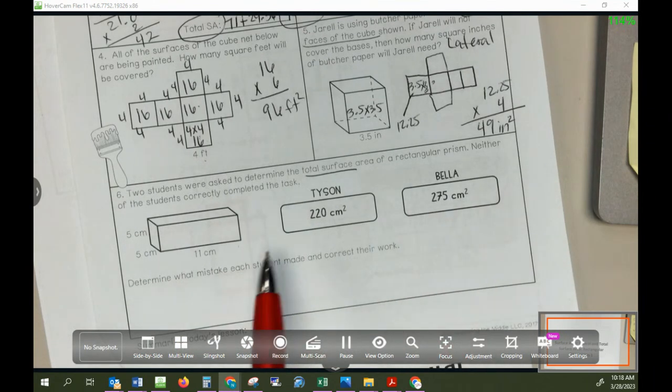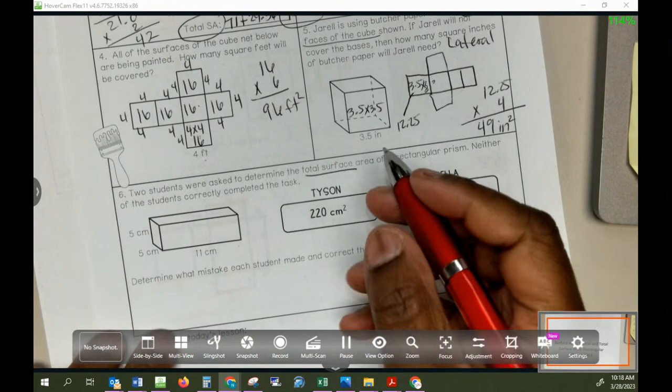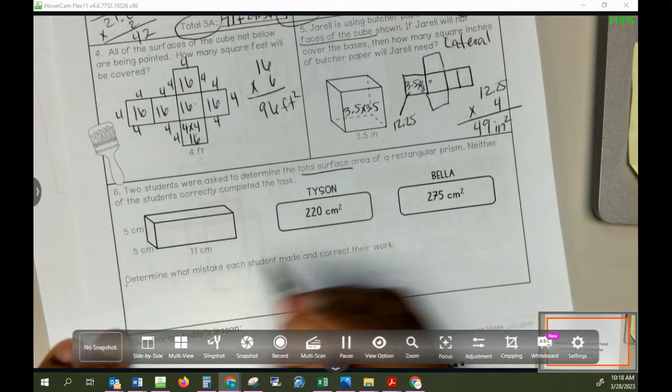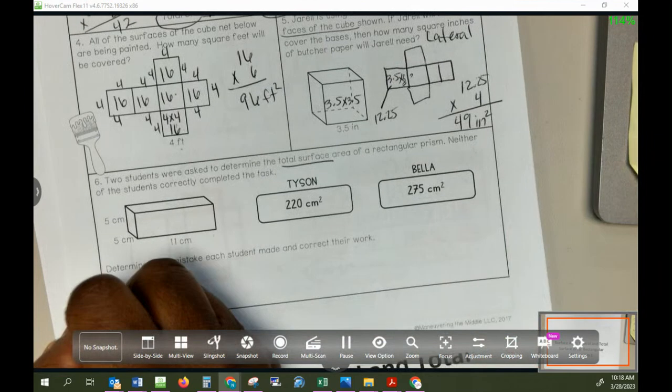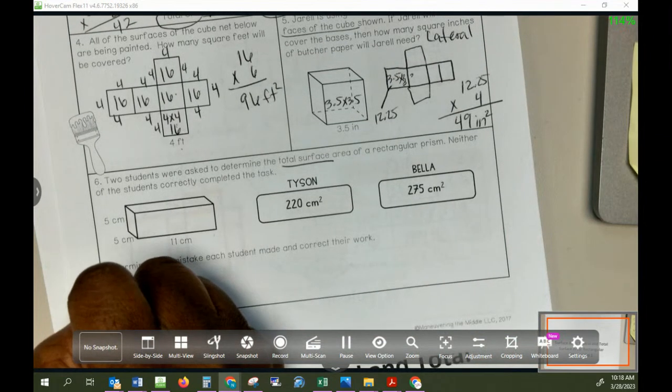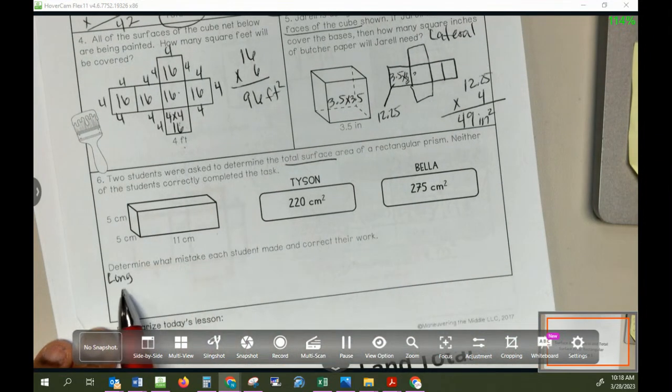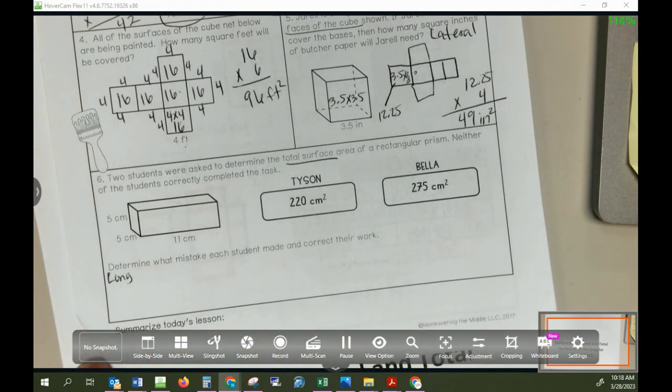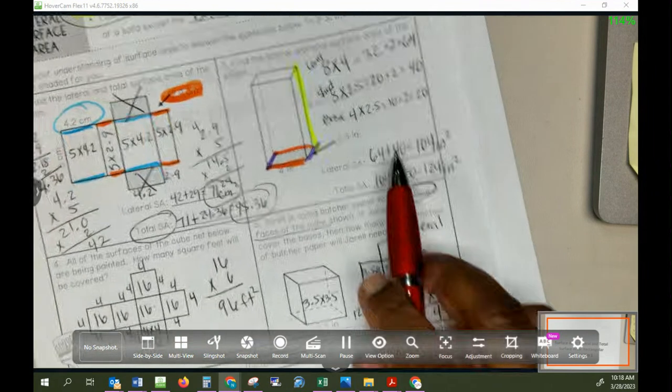So the best thing to do is for you to start to calculate the total surface area. So think about the long side. Let's calculate it for ourselves. So long, what would I multiply to get the long side? Go back to what we did here.